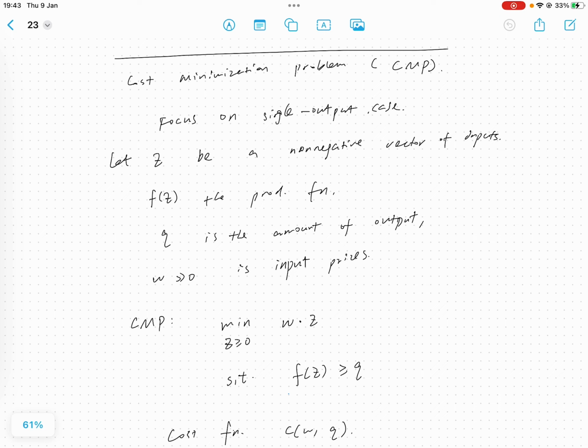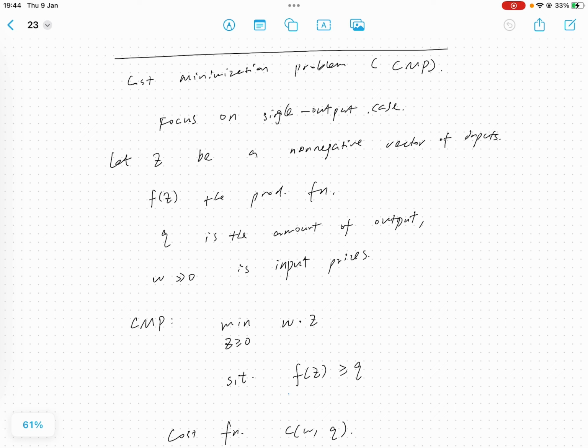You could minimize your costs as much as you like, but you have to require yourself to produce at least something. Otherwise the problem is trivial: you can just take nothing and produce nothing. That would be a trivial solution.